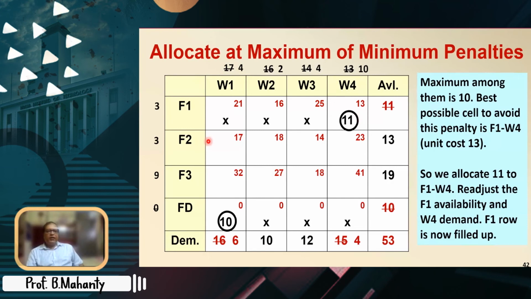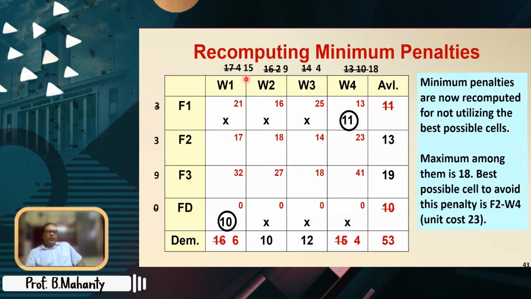So now again the penalties are recomputed. This side has no change, and on this side these 3 should be crossed out. I think these penalties are not computed yet, so here it is computed. So this side is 15, this side is 9, this side is 4, and this side is 18.